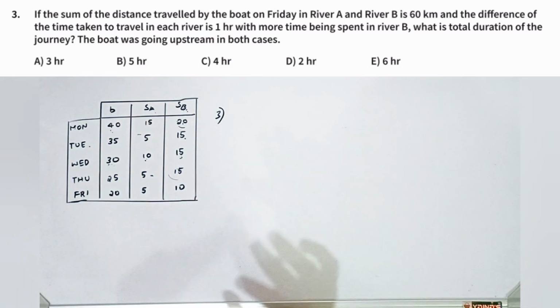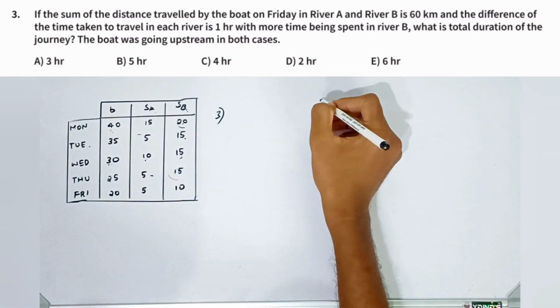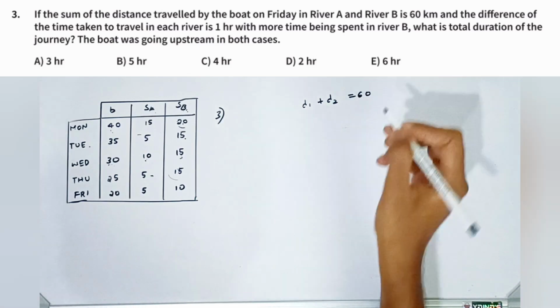Okay, it is given that if the sum of the distances traveled by a boat on Friday in river A and river B is 60 kilometers. So I'm considering that a distance, we have the distance D1 and we have the distance D2. The sum of the distance is nothing but 60 kilometers.